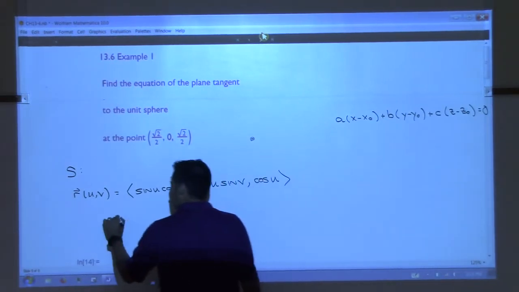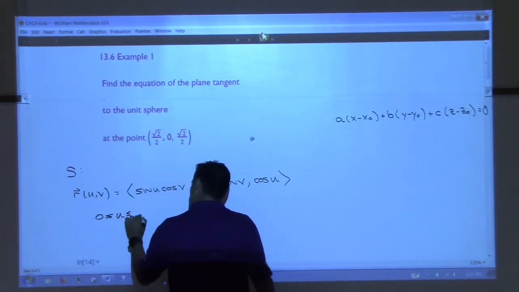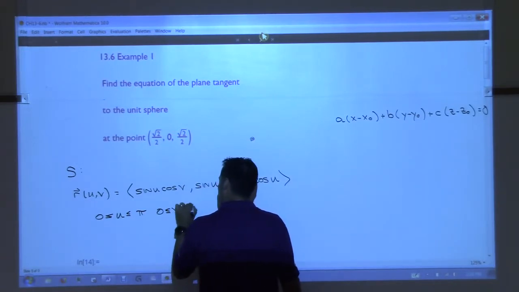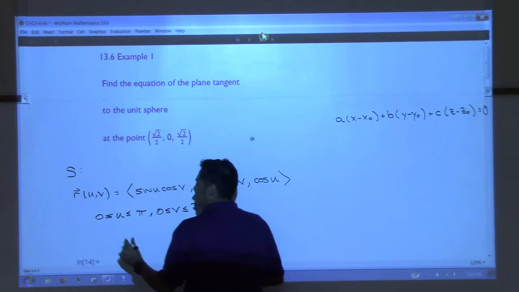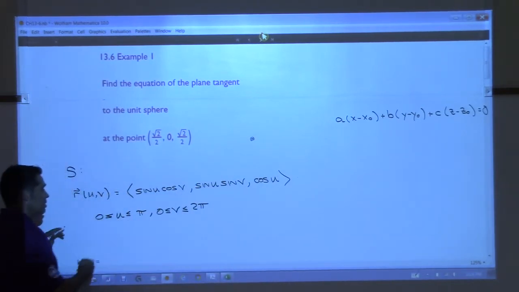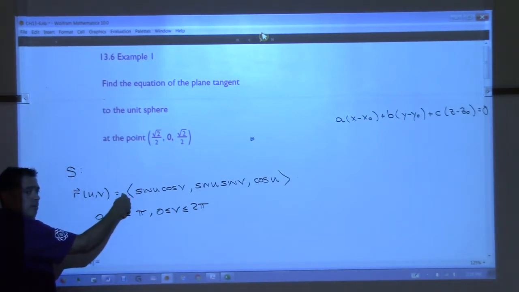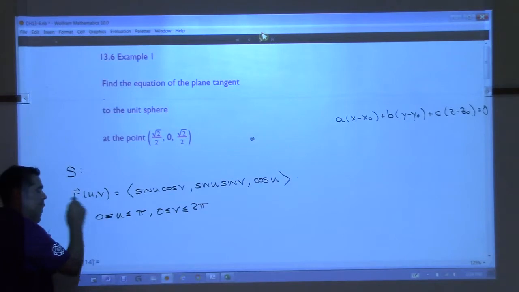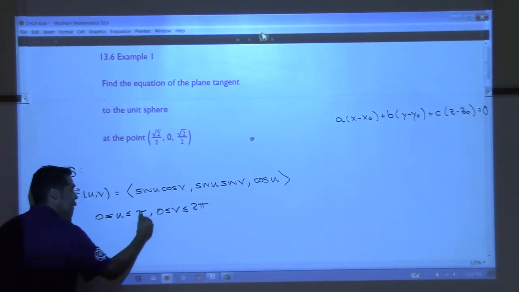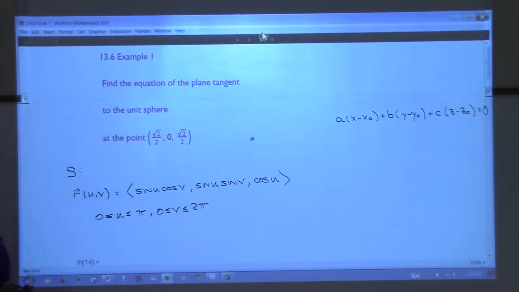So u is restricted between 0 and pi, and v is restricted between 0 and 2 pi. So this right here is our vector function of two variables, and this is our domain for that vector function. When you put these values into here and draw all the grid curves together, we get that surface S, which is the unit sphere, right?